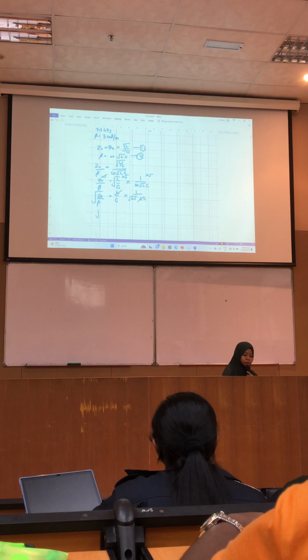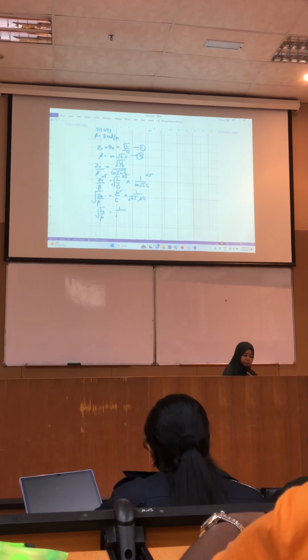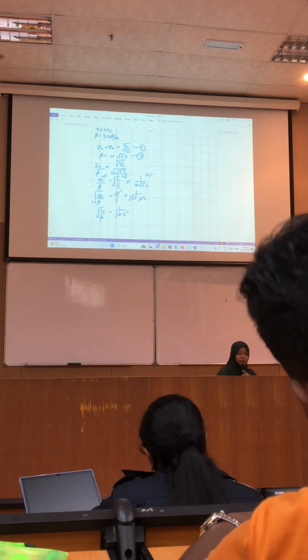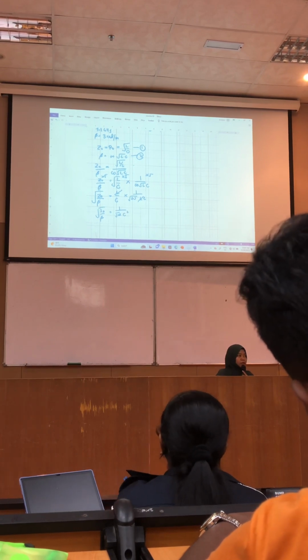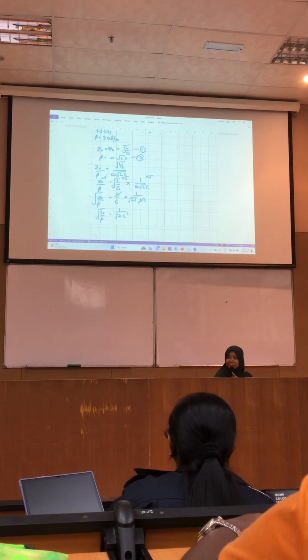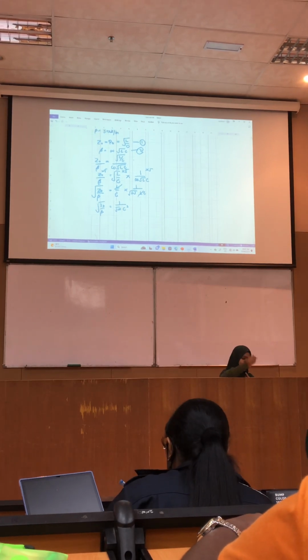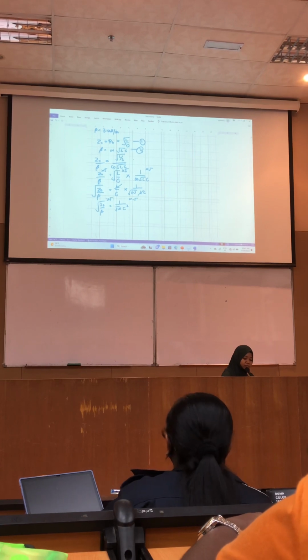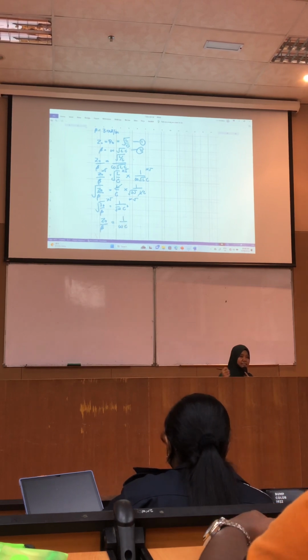So square root of Z naught beta equals 1 over square root of omega C squared. I don't like the square root either, so I square both sides. So it becomes Z naught over beta equals 1 over omega C.